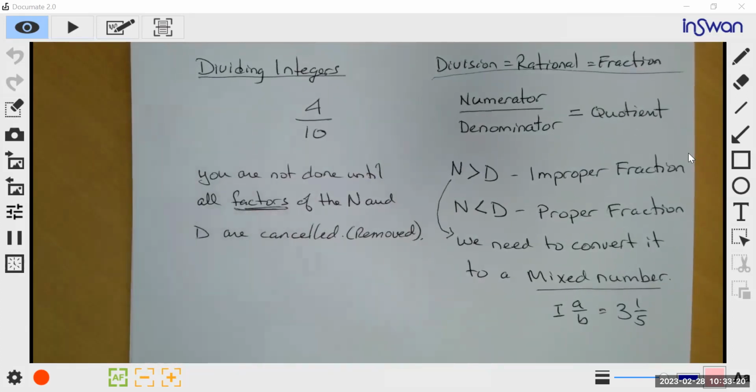I put that in there for a reason. Factors. What's a factor?